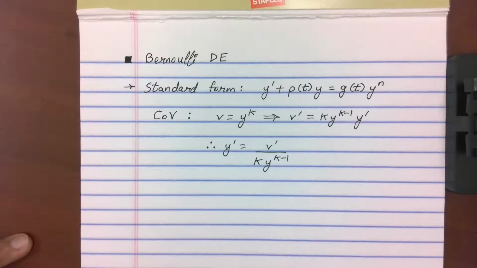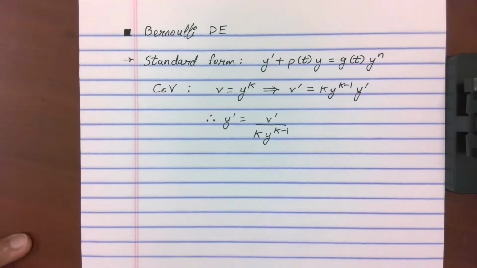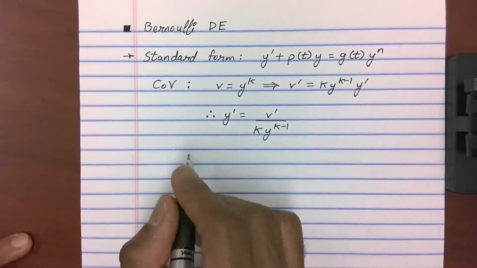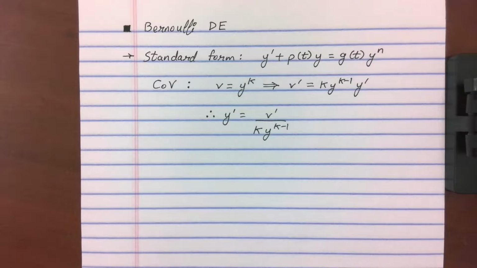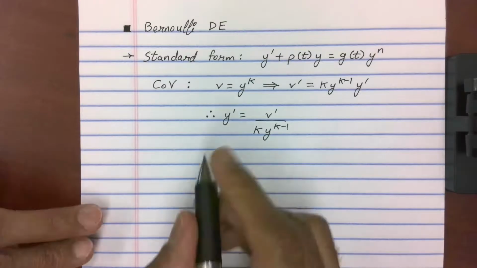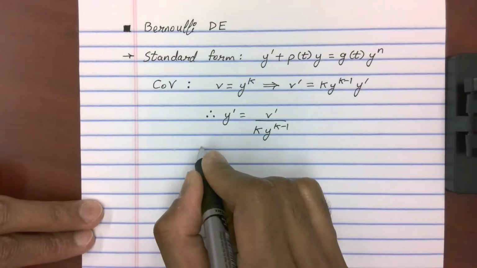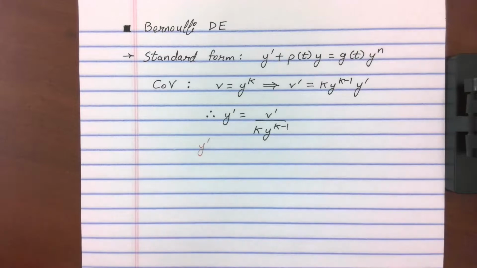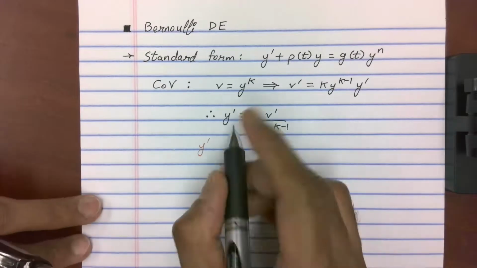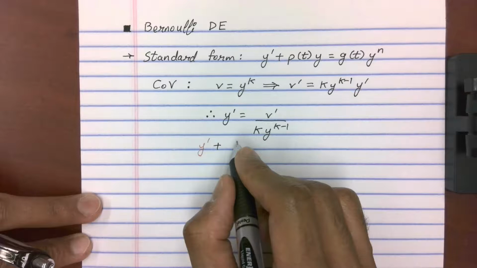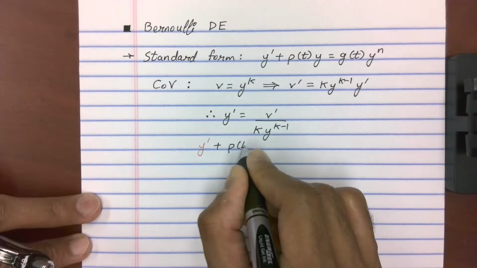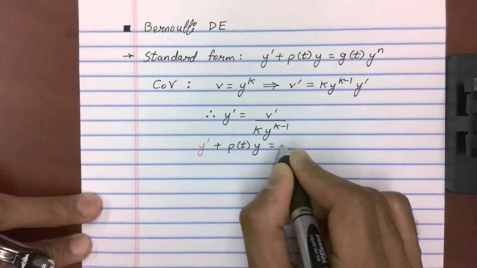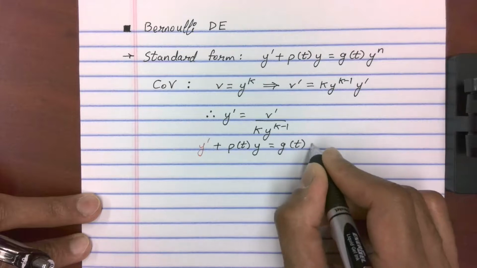So let's make this substitution into the standard form that we have up above. I will again start with the standard form, but this time I will use a new color for y prime. So let's say that we have y prime plus p of t times y equals g of t times y raised to n.